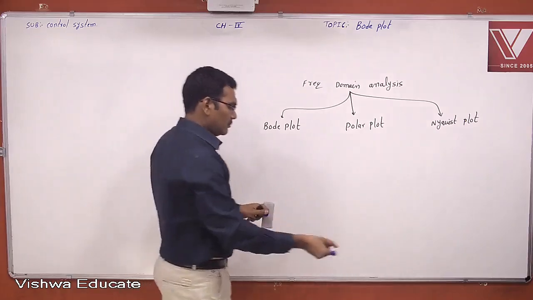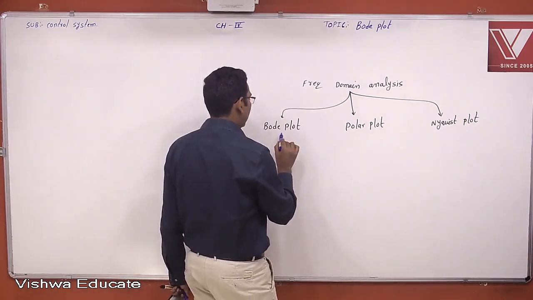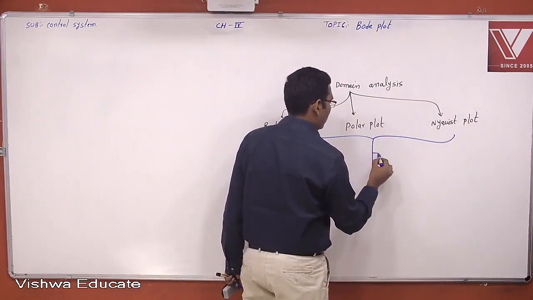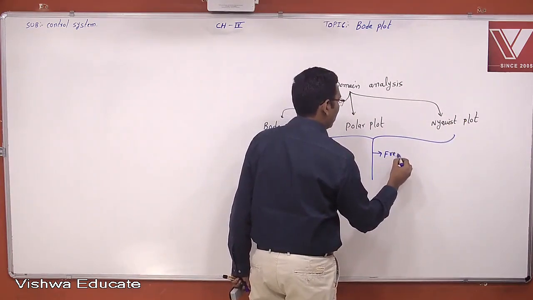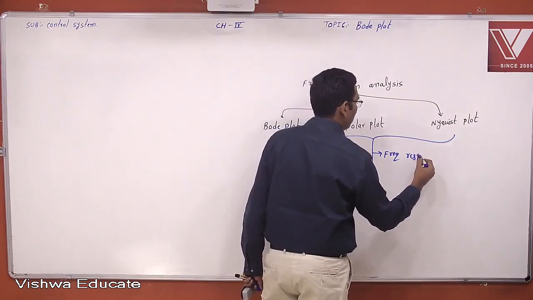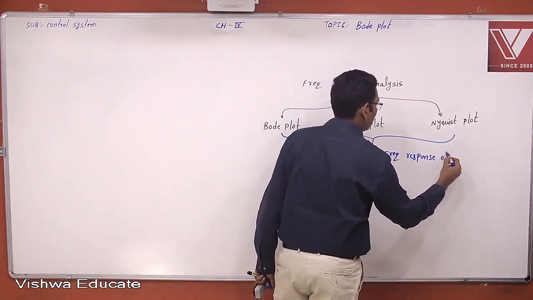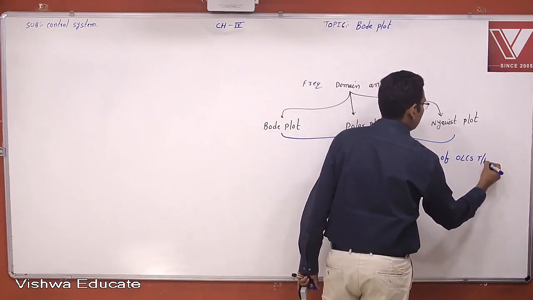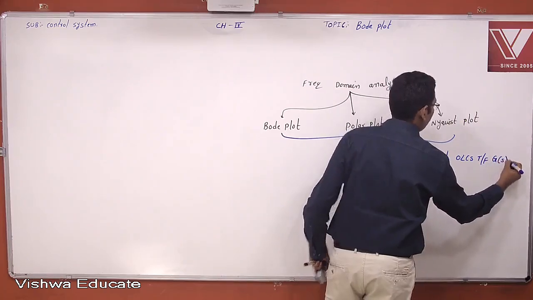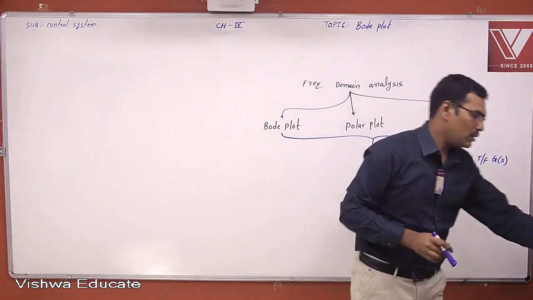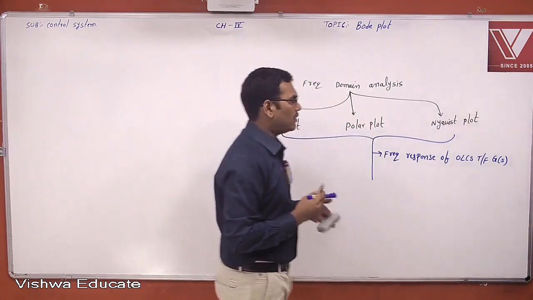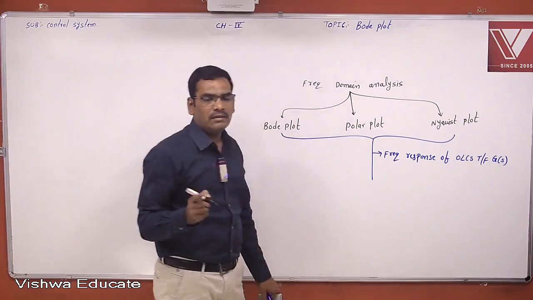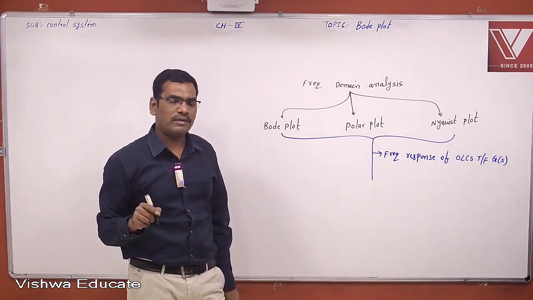Now I will tell you one point here. All these three plots are the frequency response of the open loop control system. That is what I am saying from the first topic of root locus onwards.